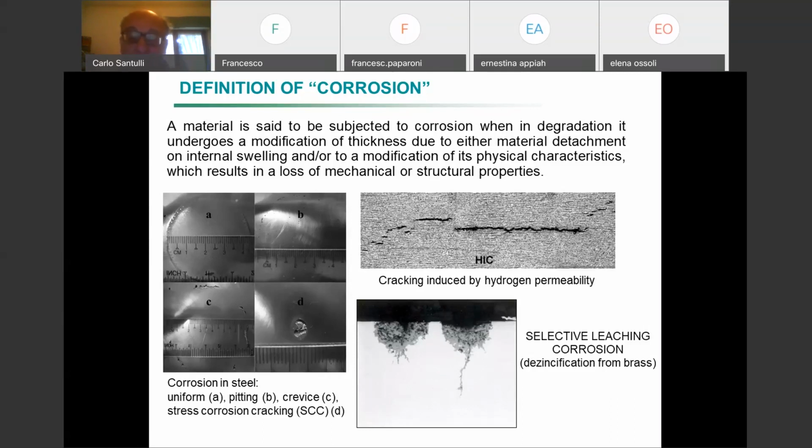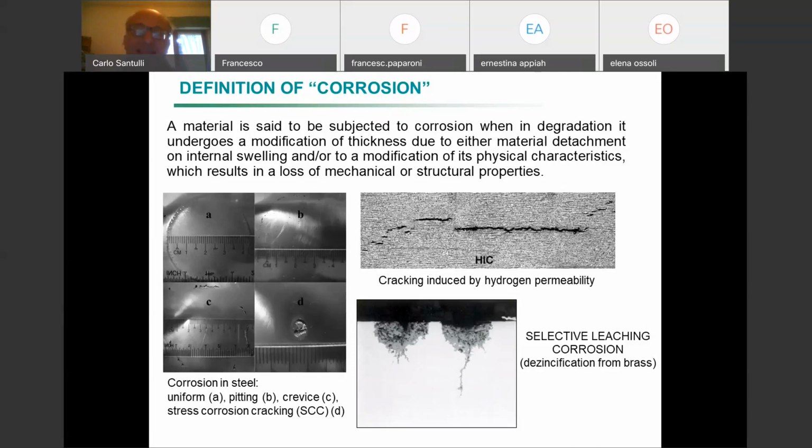Corrosion is different from oxidation, because you may have an oxide, but the oxide is stable and stuck to the metal, and therefore it's not a problem. Aluminium, anodized aluminium, has an oxide which is stuck permanently on the metal and doesn't allow corrosion to progress.